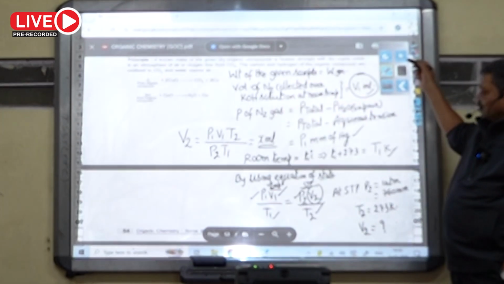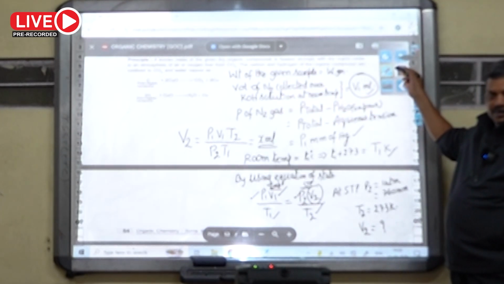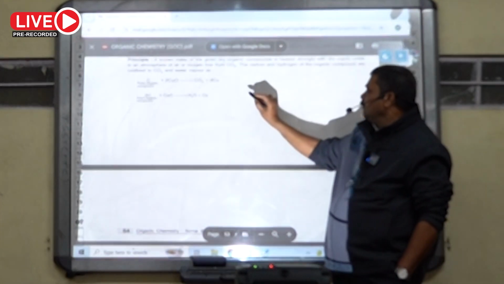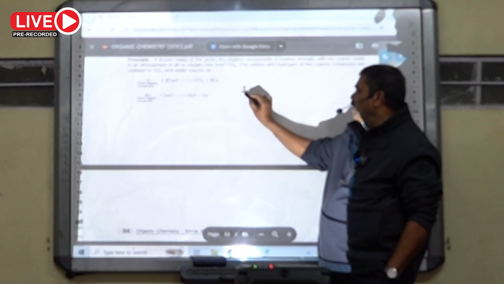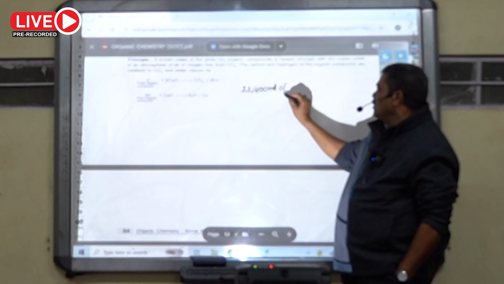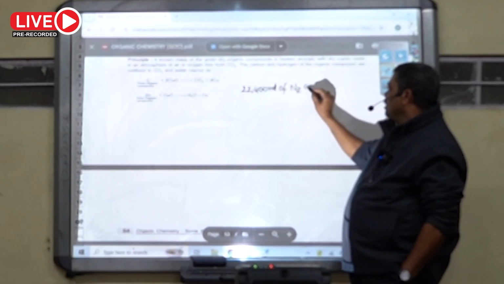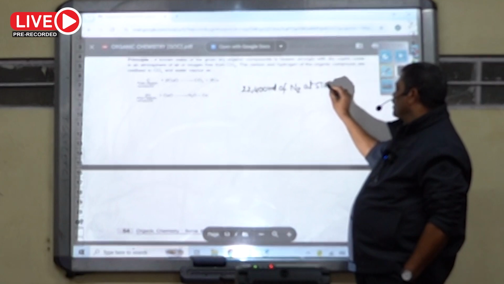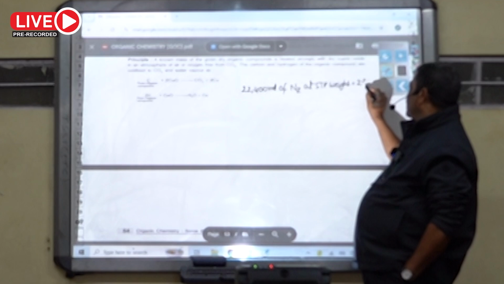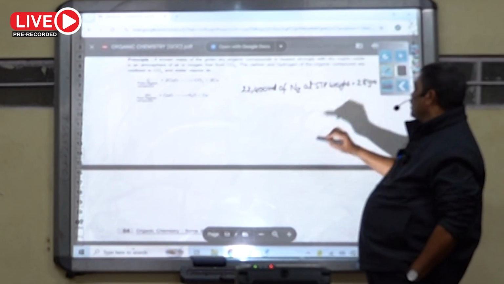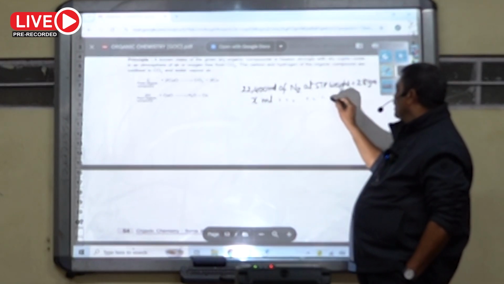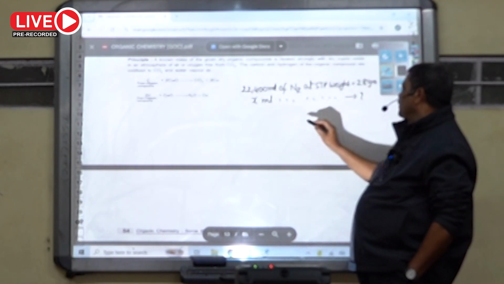Now, I am erasing this. Now you know 22,400 ml of N2 at STP weighs is equal to its gram molecular weight, 28 grams. X ml of N2 at STP weighs how much?